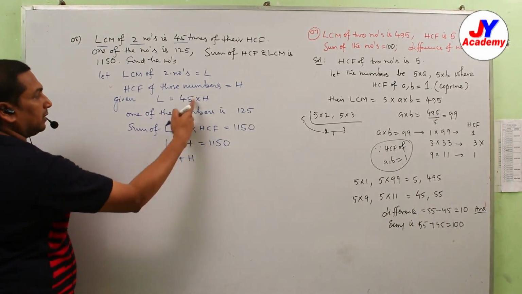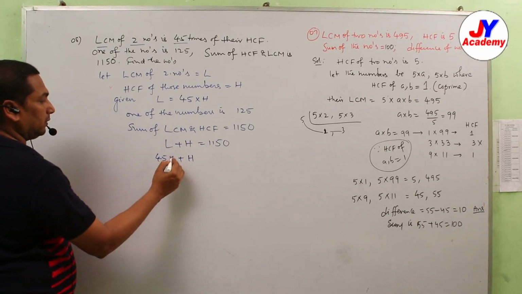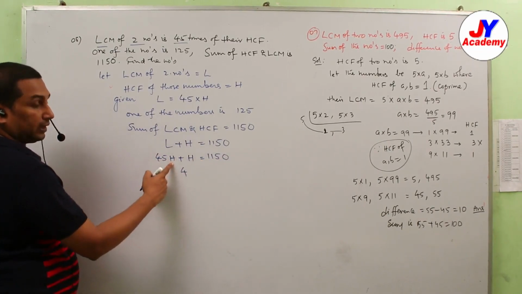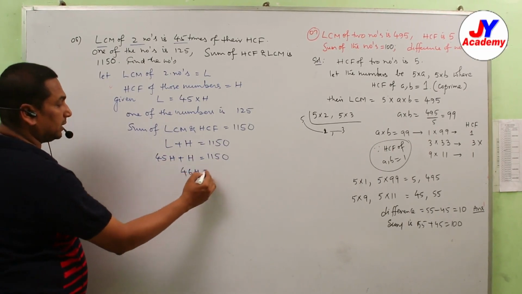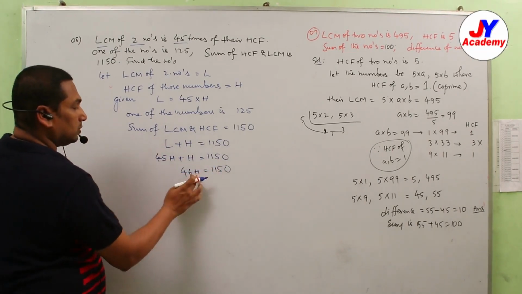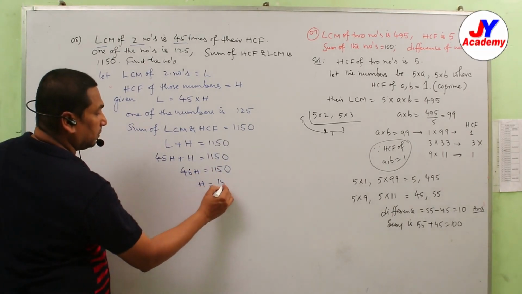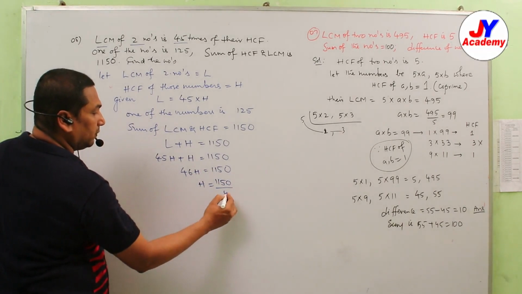What is L? 45H. So 45 times H plus 1 time H, 46 times H, is equal to 1150. So what should be multiplied by 46 to get 1150? We get that by dividing 1150 by 46.